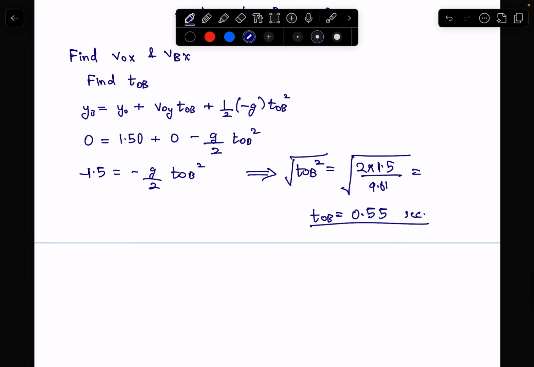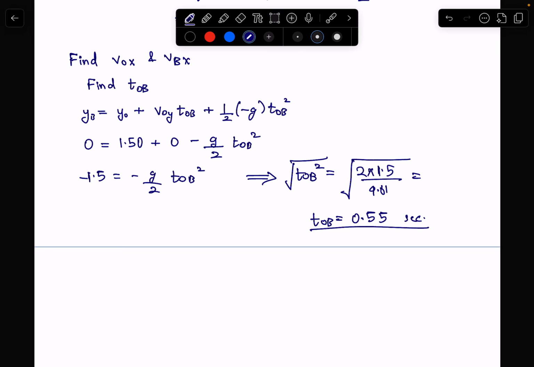So once you have your t, let me apply the same thing again, but in the x direction. xB is equal to xO plus Vox times tOB plus half a, which is 0 in the x direction, tOB squared.